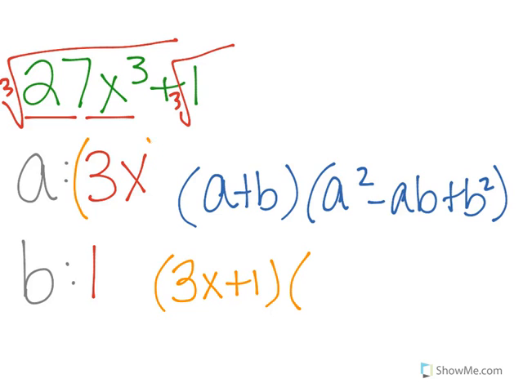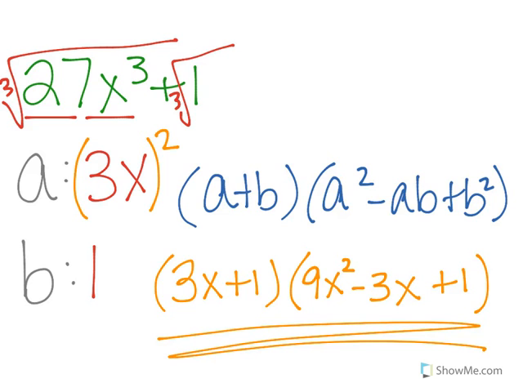Keep in mind, if this whole thing is a, you're squaring that whole thing. So then you're going to have 9x squared minus 3x, because it's 3x times 1, and that's where our minus sign goes. And then plus 1, because 1 squared is 1. So there we go, that's our final answer. This is the sum and difference of two cubes.